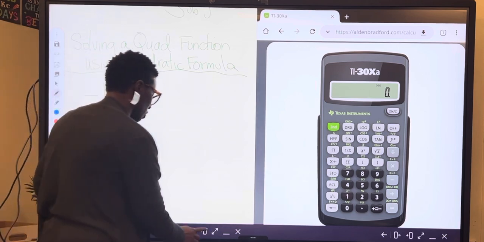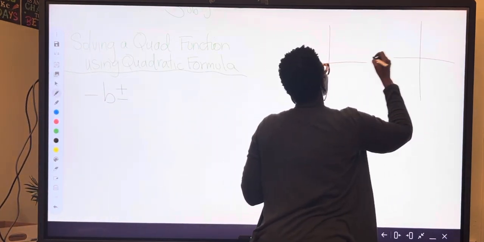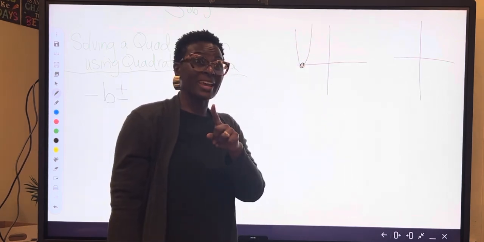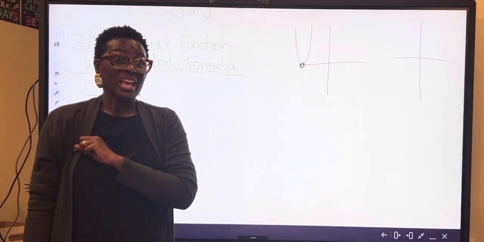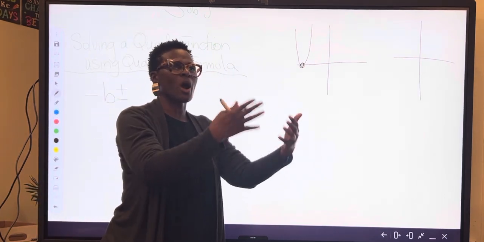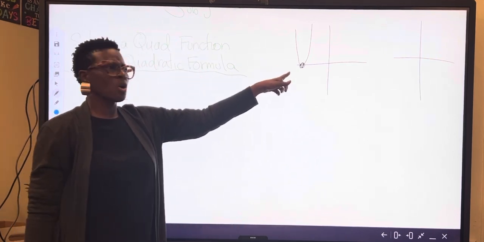Matter of fact, let me show you this real quick. What if I had this? How many solutions? 1. How do you know that? It hits the x-axis once. And what are the solutions to a quadratic function? X-intercepts. How many x-intercepts are here? One.